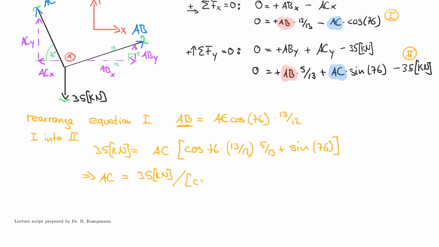So that would be cosine 76 times 13 over 12 times 5/13, and of course the 13 actually cancels out, right? So we can cross those out, plus sine 76. And that will give you the final answer, which is nothing else than 32.68.